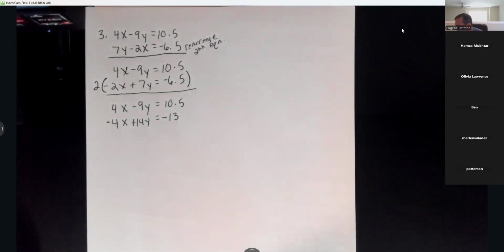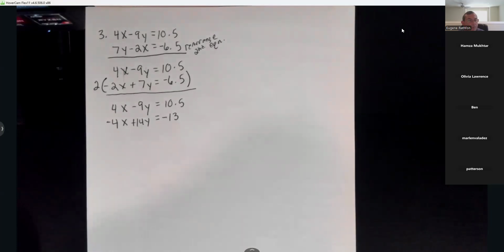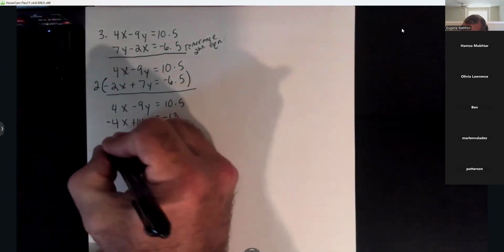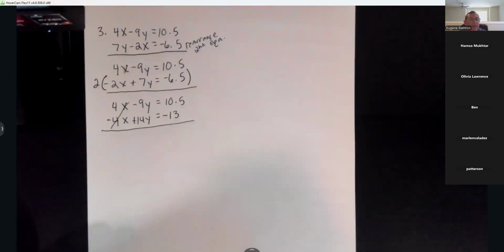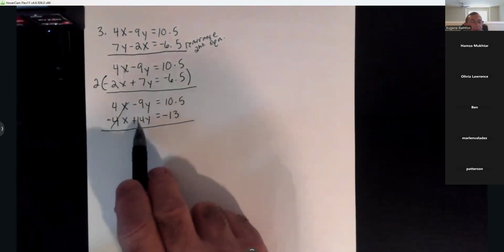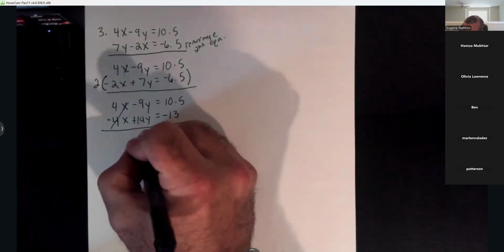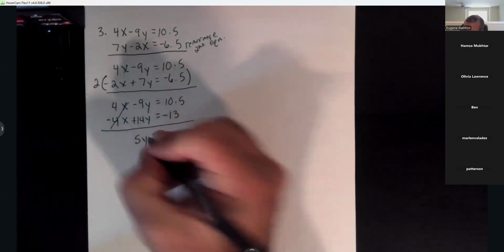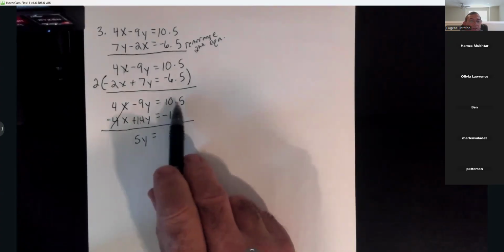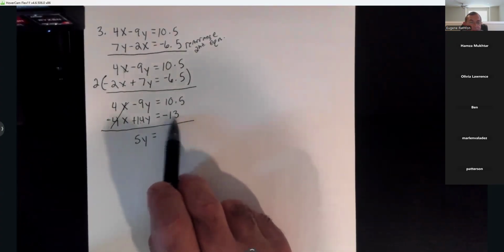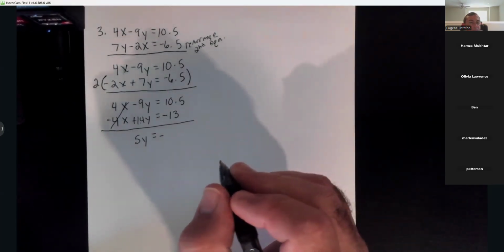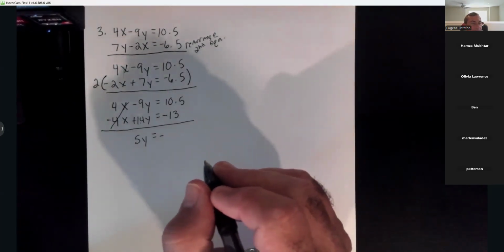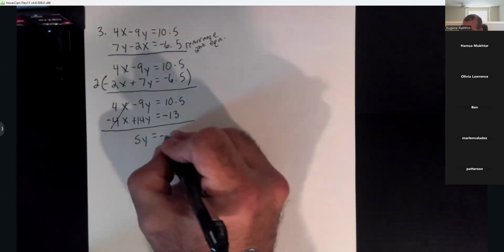All righty, y'all. So what are we going to do now? We're going to add them together and watch those x's eliminate. So the x's are eliminated. Negative 9 and 14 give me 5y. And then y'all, what are we getting here? 10.5 and a negative 13 should be a negative 2.5.